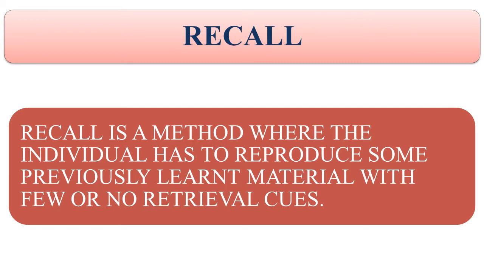When you solve a mathematical problem like 2 plus 2 is equal to 4 and 4 into 4 is equal to 16, you are doing step one after the other, so it is a serial recall. Recall is greatly influenced by emotions and motivation at the time of learning and also at the time of retrieval.